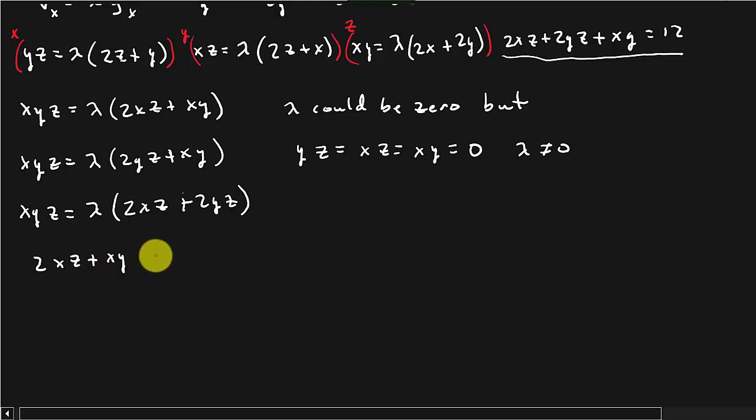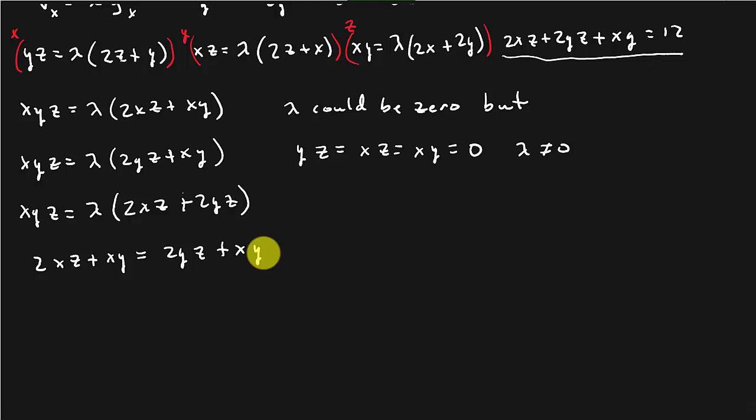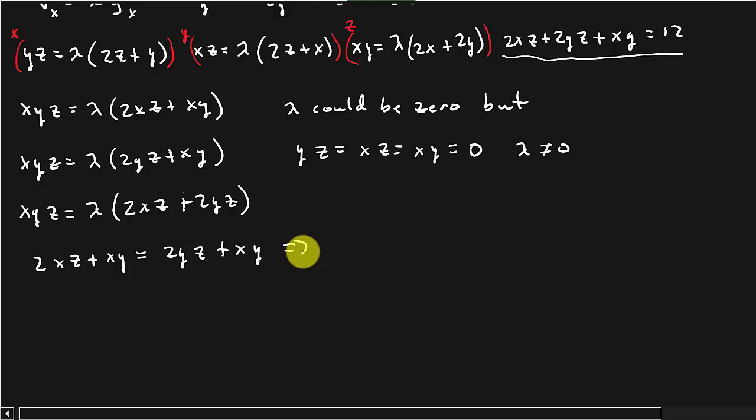2xz plus xy equals 2yz plus xy. Doing that tells us that 2xz is equal to 2yz, which means that x equals y.